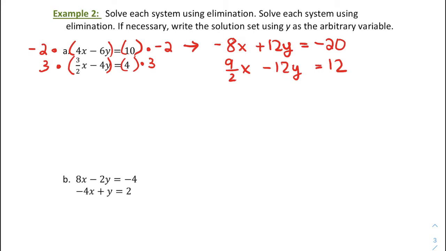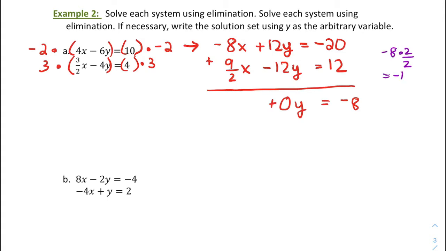Note there are other things I could have multiplied by as well. That just seemed easiest. I could have done the top one by 6 and the bottom one by -4. That would have worked too. If I add these two that I chose together here, I'm going to have 0y. On my x's there, let me go ahead and get a common denominator. Multiply -8 by 2 over 2 gives me -16 over 2.